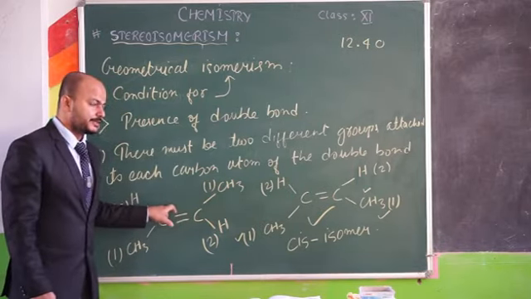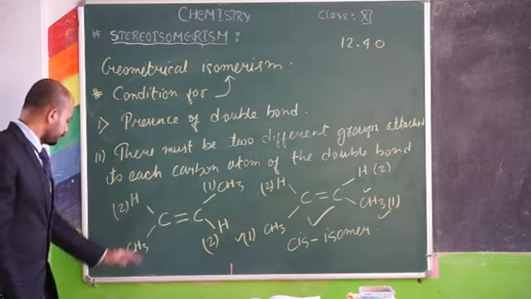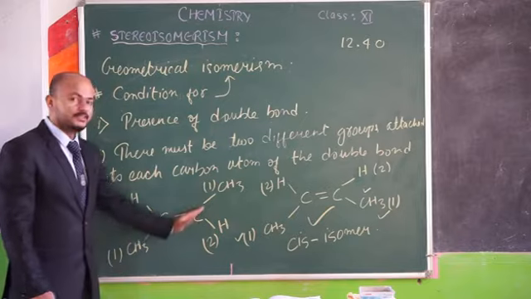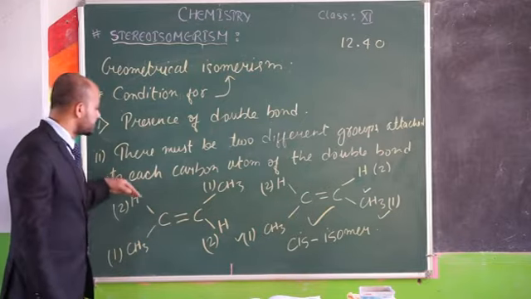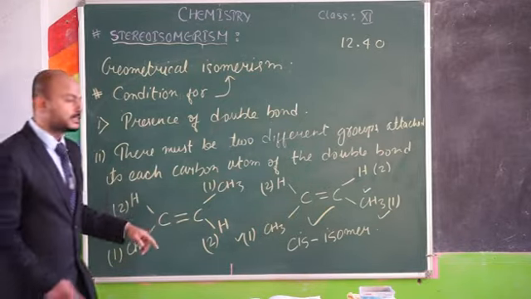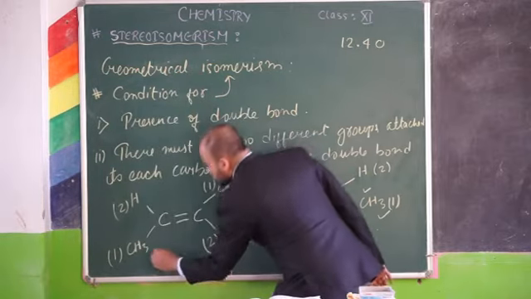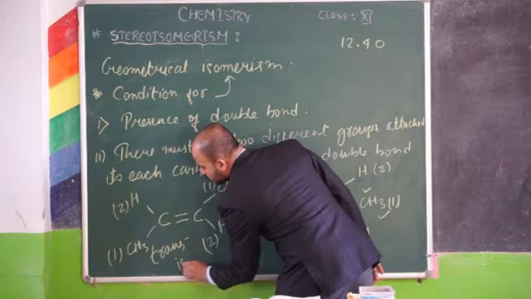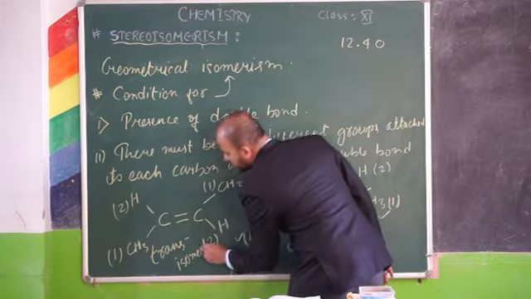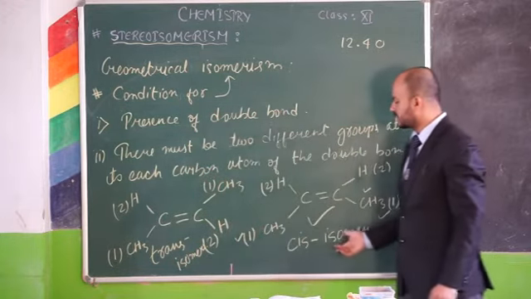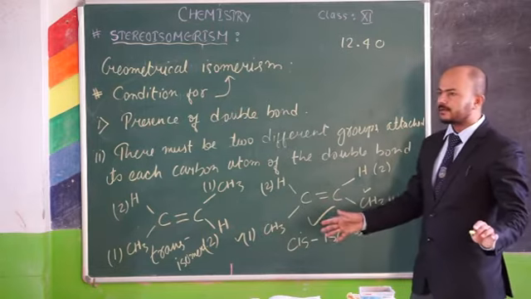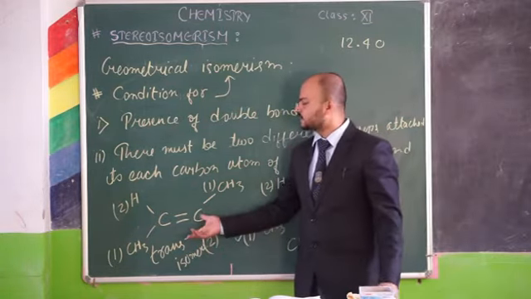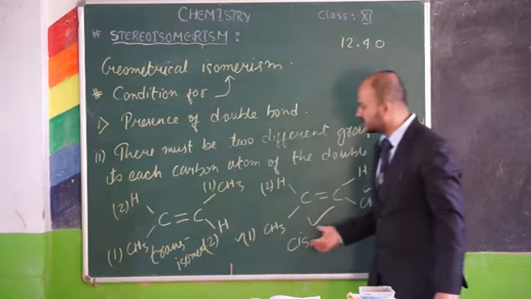Now such isomers, where you have the more priority groups lying diagonally to each other, or the less priority groups lying diagonally to each other, such geometrical isomers are known as what? Trans isomers. Okay, so this is very important, and you have to always remember that the trans isomer is always more stable than the cis isomer.